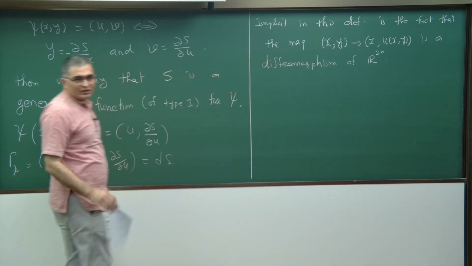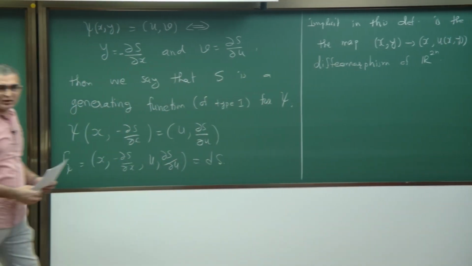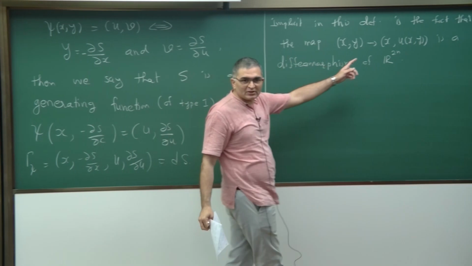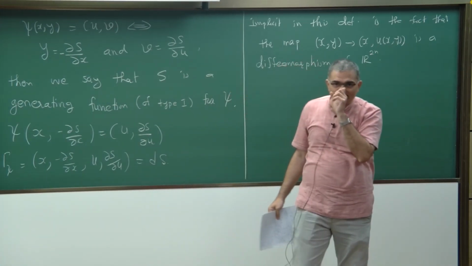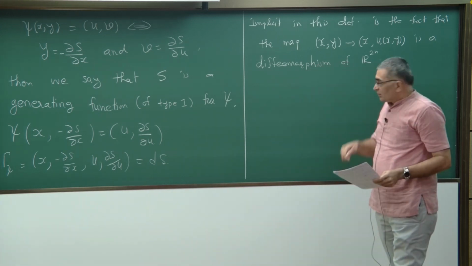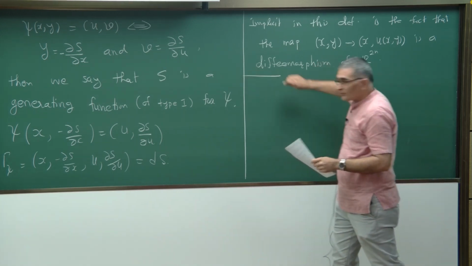Therefore, instead of coordinates x comma y, I can express R2n with coordinates x comma u, and then everything makes sense. Is it clear?